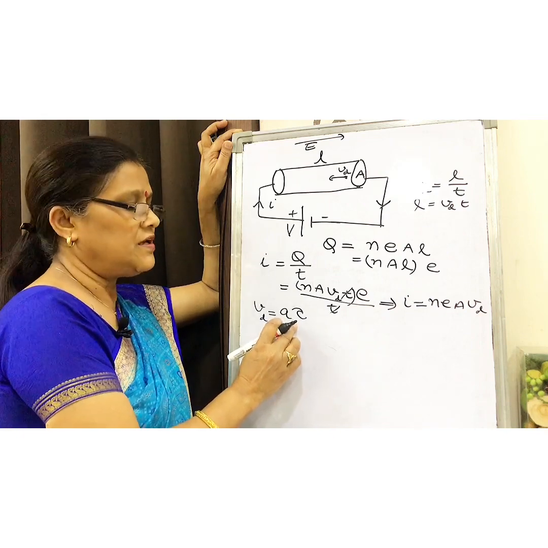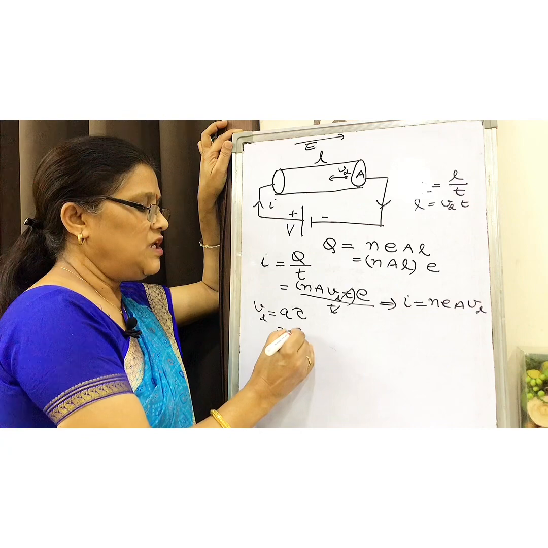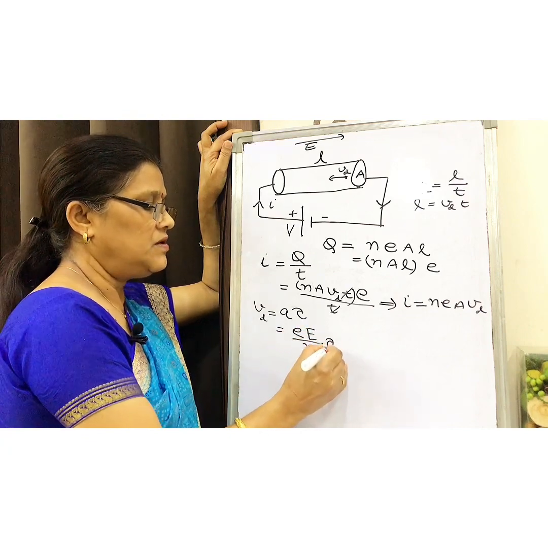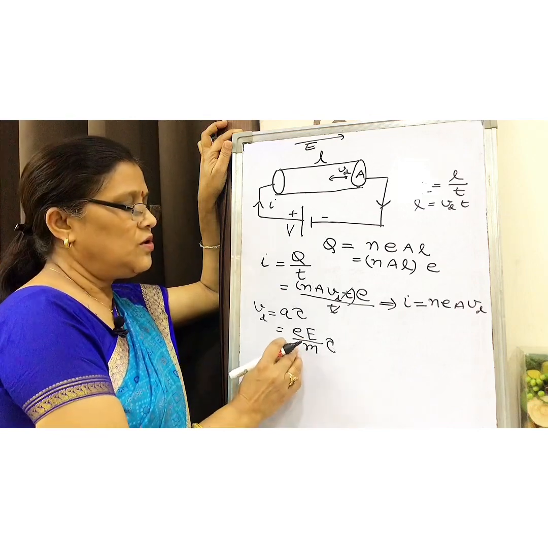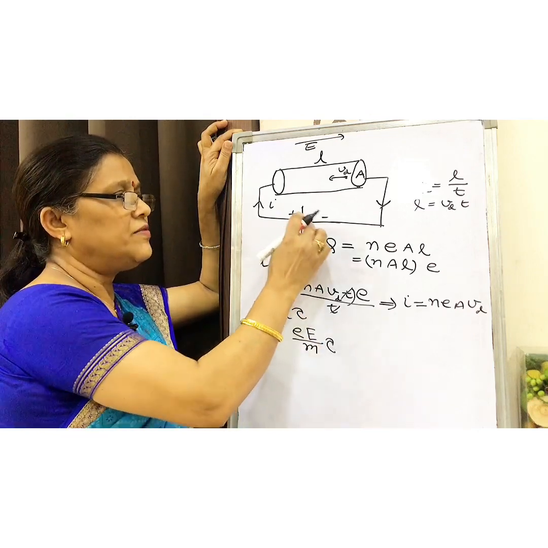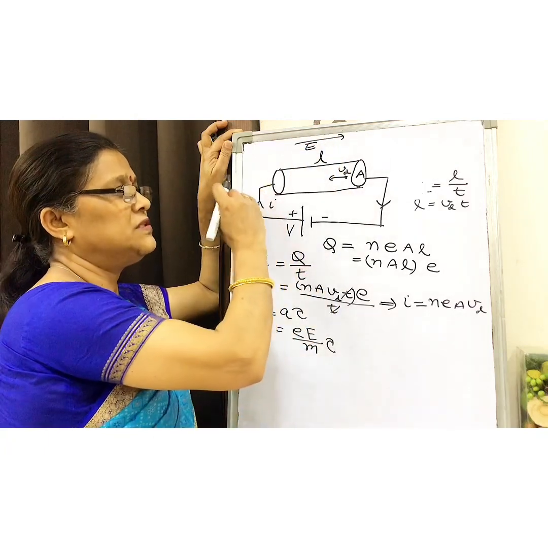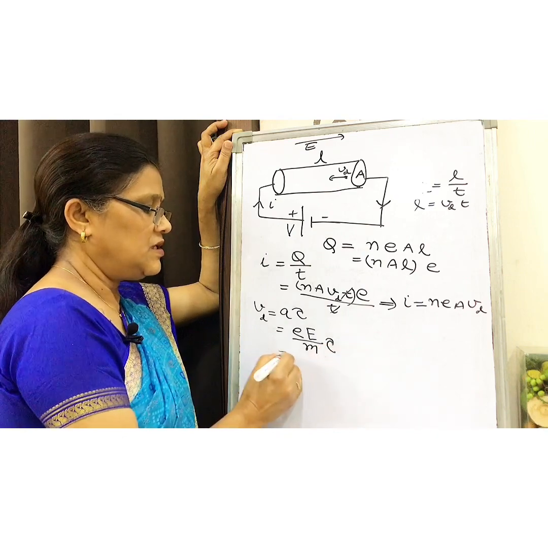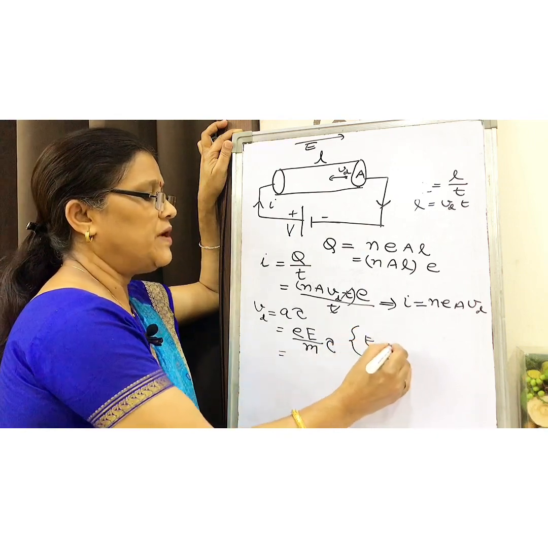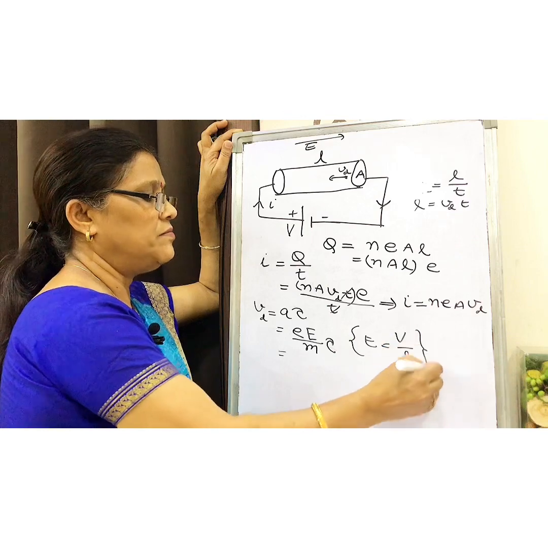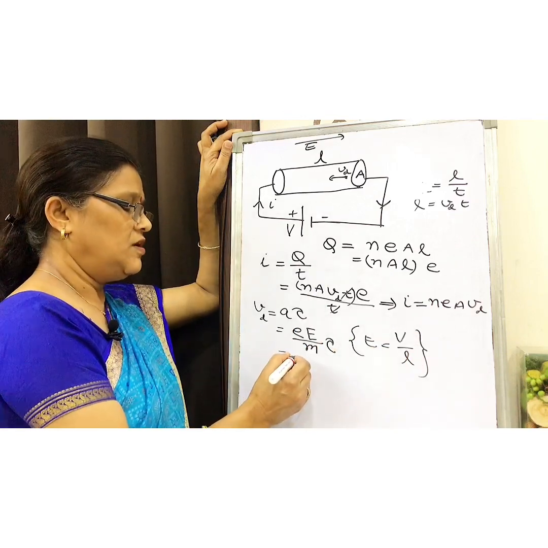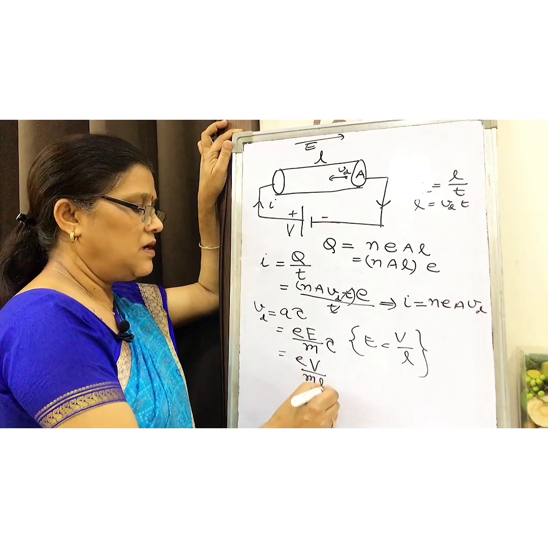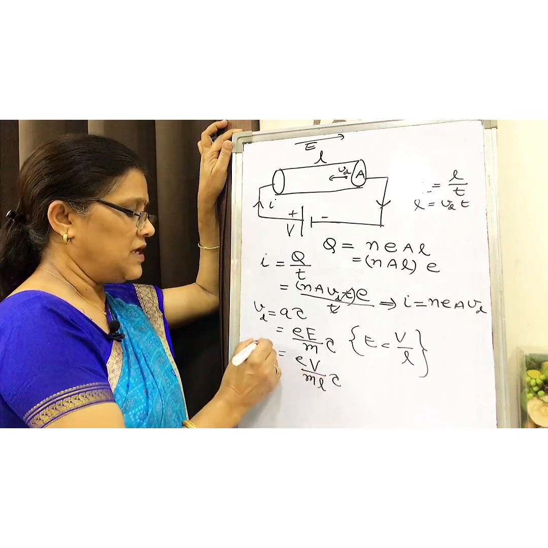And what is the acceleration here? It is E, the electric field, times the electronic charge e upon m, into tau. The electric field established along the conductor by this battery can be written as E equals V by L, the magnitude of the electric field. So we can write eV upon mL into tau as Vd.